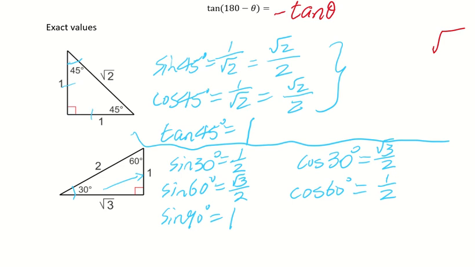It's easy to see that this number is equal to this number, which means sine 30 is equal to cos 60, and sine 60 is equal to cos 30. Again, I would ask you guys to know this by heart. There's no need to memorize both of them. If you really want to memorize something, memorize this part, then this part comes for free. So buy one, get one free.